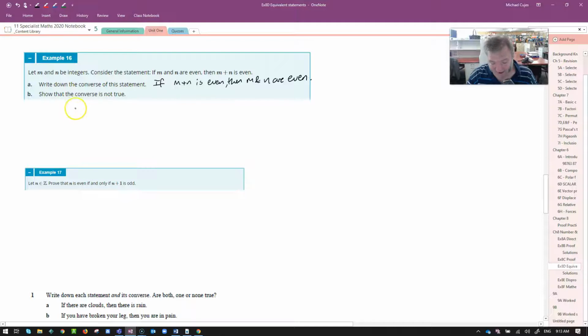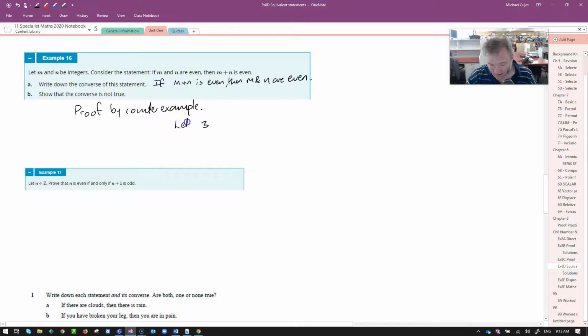This is an easy case of proof by counterexample. All you need is one counterexample and you can take down an entire proof, which is very handy. So if I can find two numbers, M and N, that are integers that are not even, and show that their sum is even, I'm as good as done.